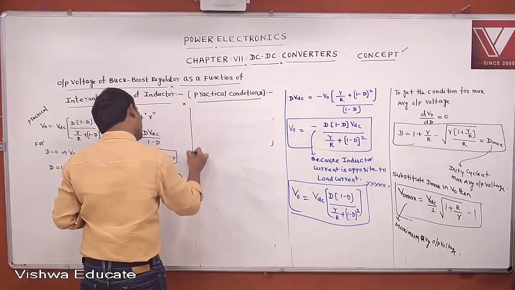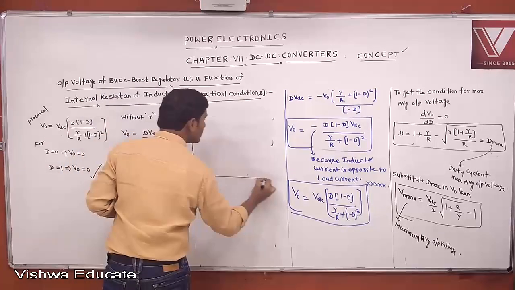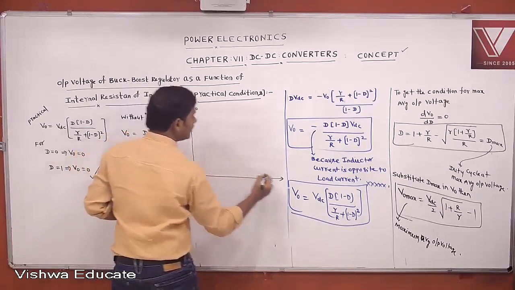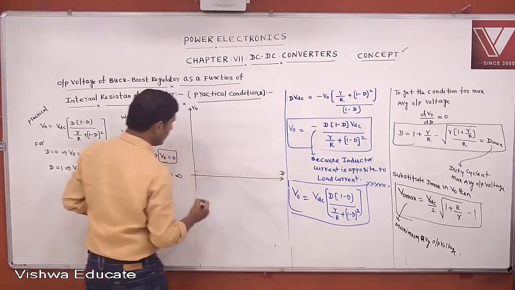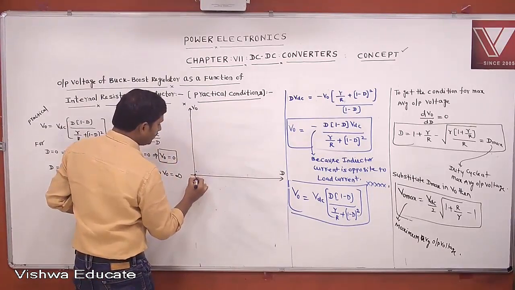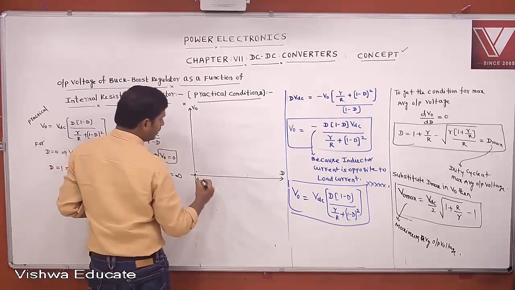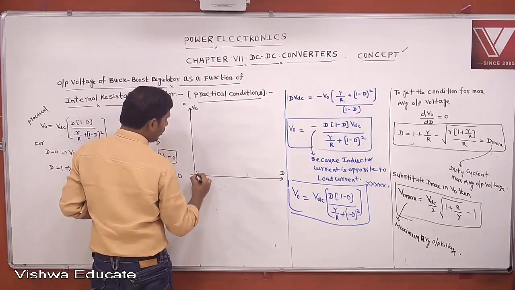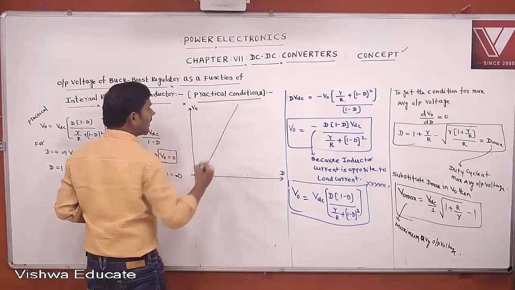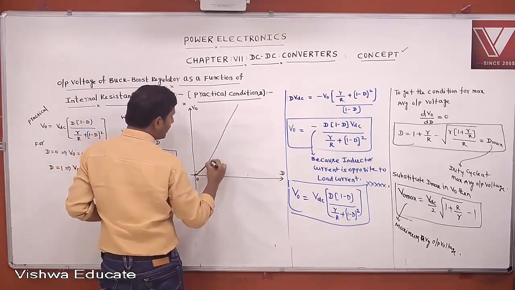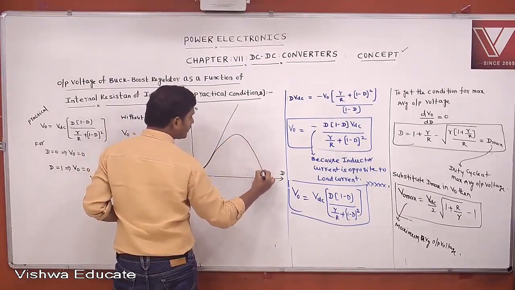This is V0. This is duty cycle. Both start at D equal to 0. Then at D equal to 1, ideally it is infinity. But what about practically? Then practically we can get like this.